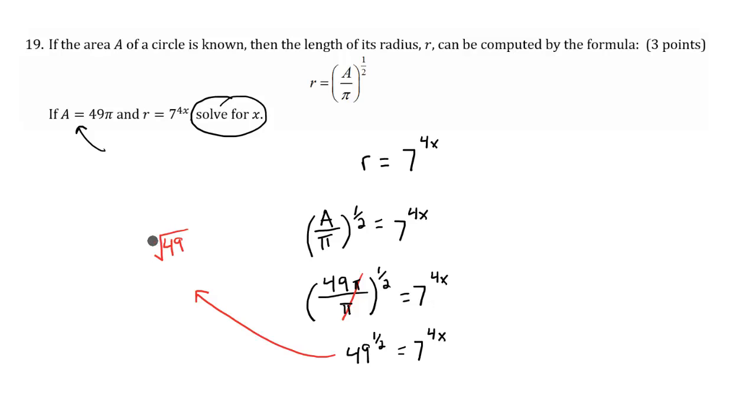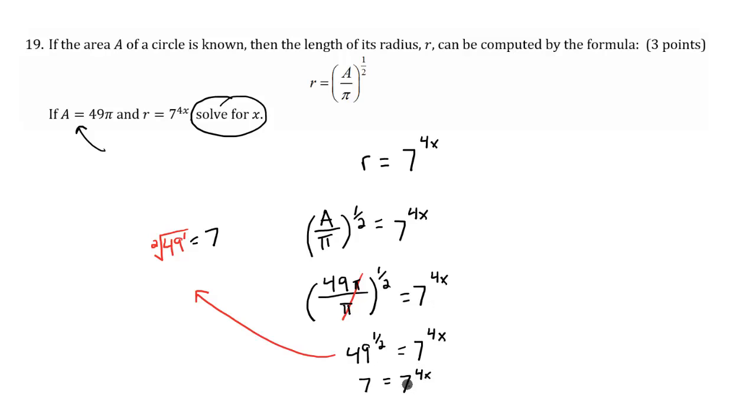That's going to be the new index. So we're going to be doing the square root of 49 actually, or you can just use a calculator, plug in 49 to the 1/2 power. That's going to give us 7, just like the square root of 49 would be 7. And then that equals, still again, our 7 to the 4x power.